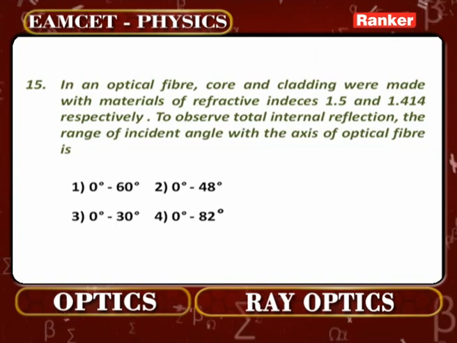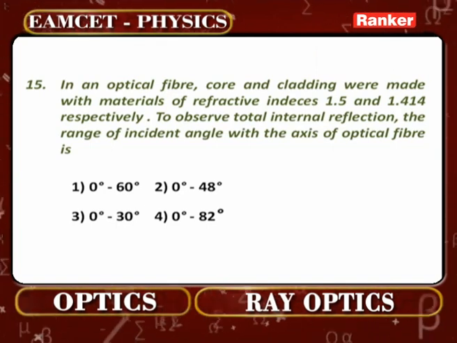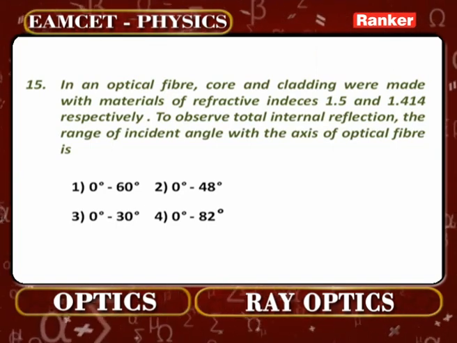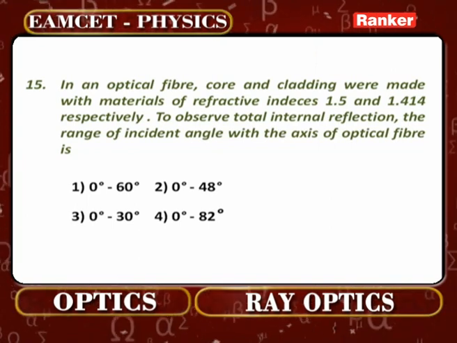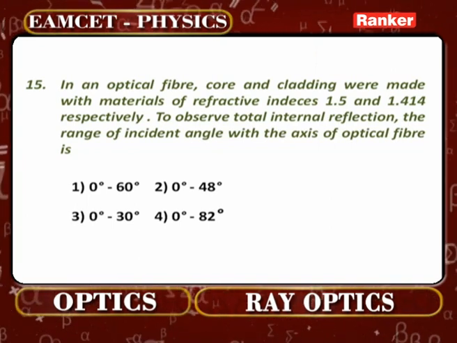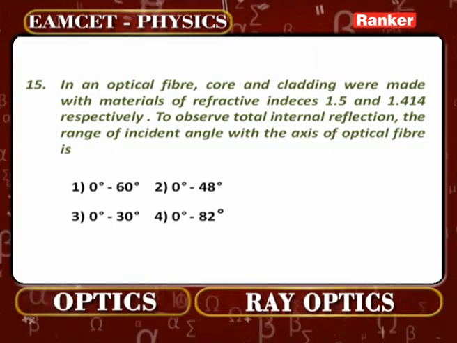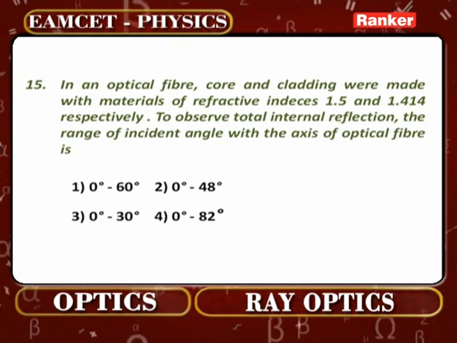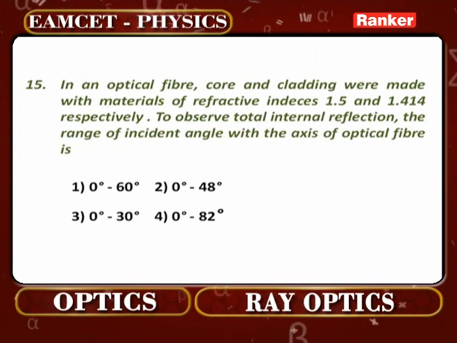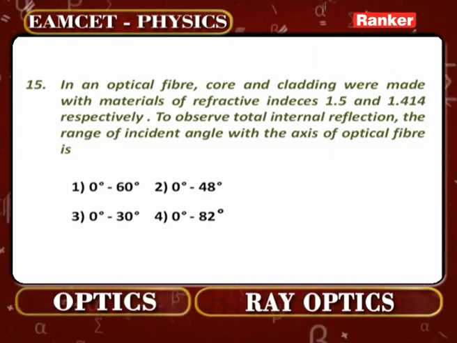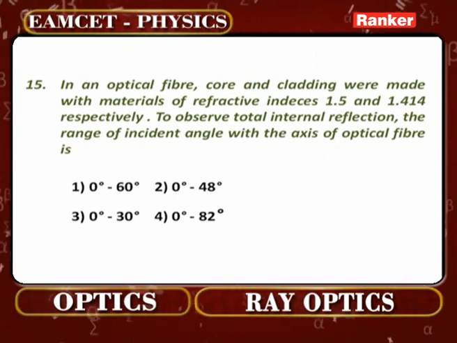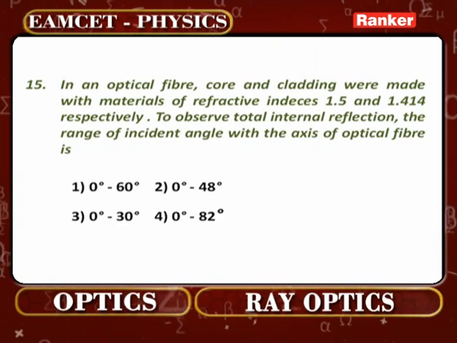In an optical fiber, core and cladding were made with materials of refractive indices 1.5 and 1.414 respectively. To observe total internal reflection, the range of incident angle with the axis of optical fiber is, that itself already I have told you, that is called as launching angle. What will be the formula for launching angle please?